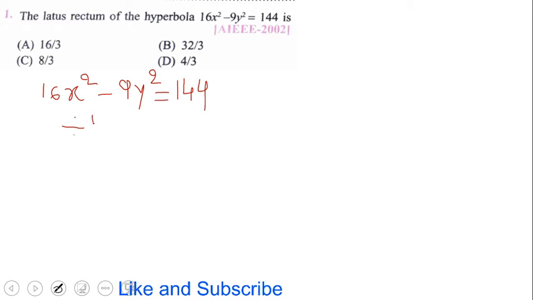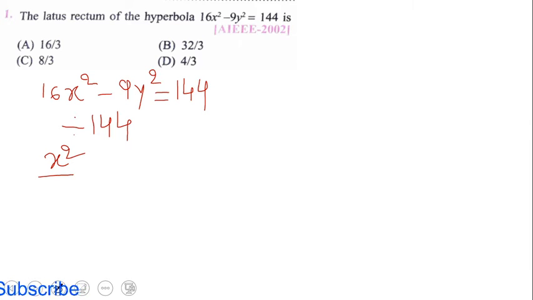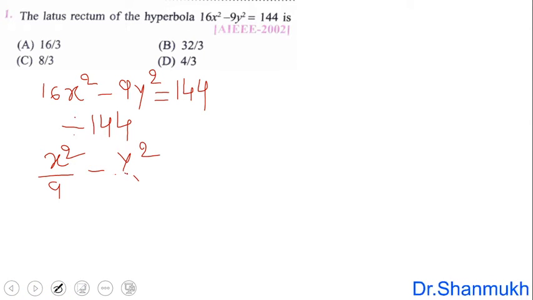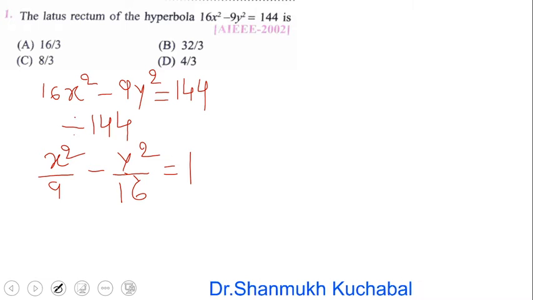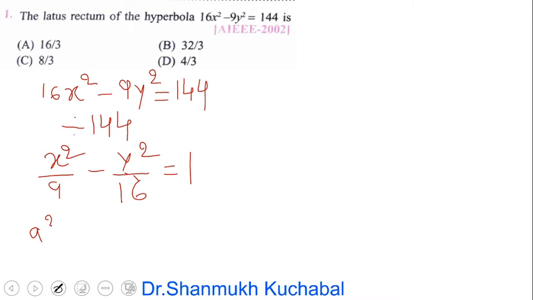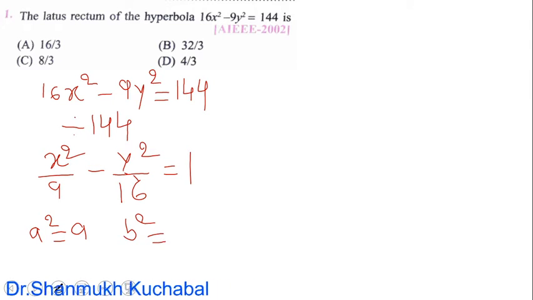Dividing by 144 and simplifying, x² over 16 by 144 we get 9, minus y² over 9 by 144 we get 16, equal to 1. So from this we get a² value as 9 and b² value as 16.